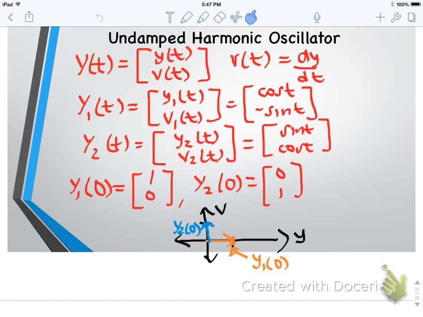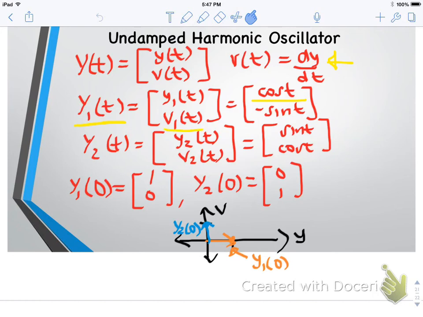All right, so now let's see what we have. We know Y of t equals the vector y of t, v of t. It's important to keep in mind that v of t is the derivative of y, because it's a velocity. Well then, Y1 of t we can write as y sub 1 of t, v sub 1 of t, and we said the solution y sub 1 of t was cosine t.